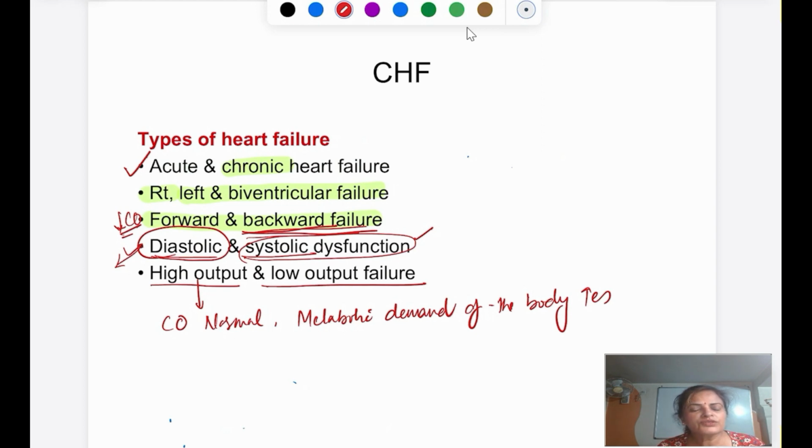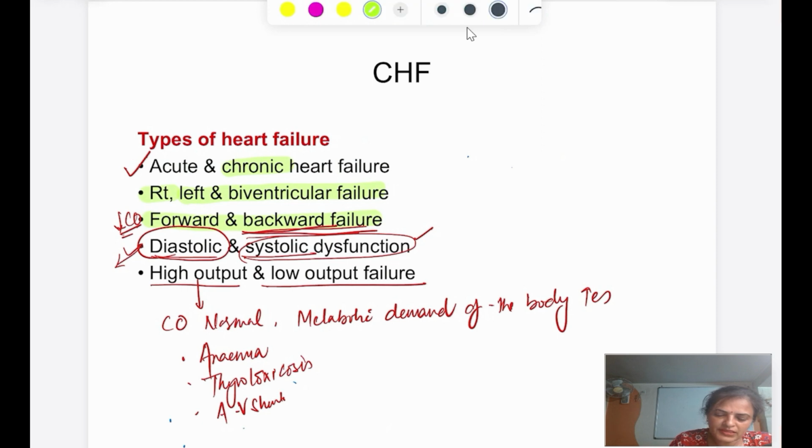So what are the conditions where the metabolic demand of the body is increased? Number one is anemia. Then we have thyrotoxicosis, and then AV shunt. These are the three conditions where the metabolic demand of the body is increased.